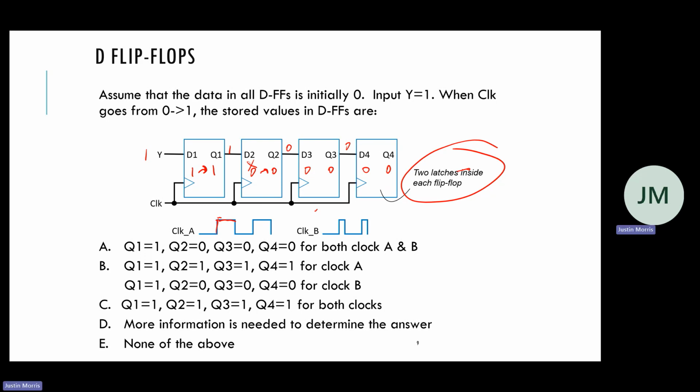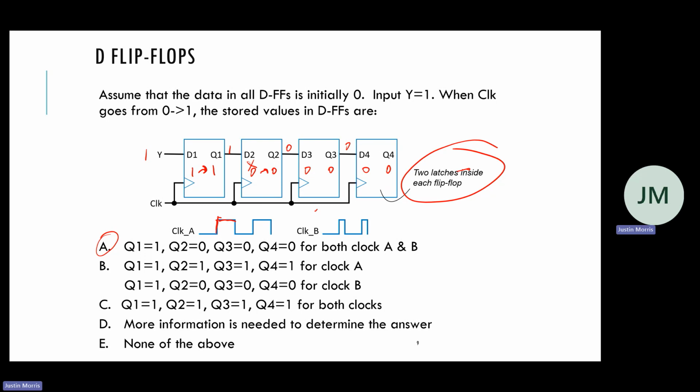So that's why this one is going to be A, and the reason that it doesn't matter for both of these clocks is, like I mentioned, we're assuming D to Q is instantaneous. So it really just matters when it changes 0 to 1. So it doesn't matter what the clock's duty cycle is, how long it is, just that it changes 0 to 1.